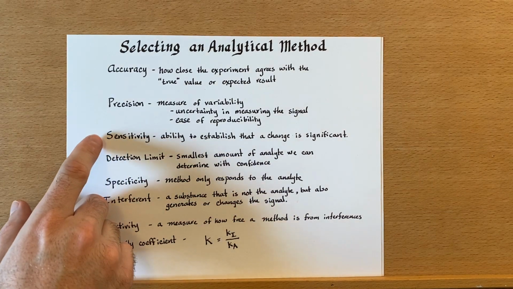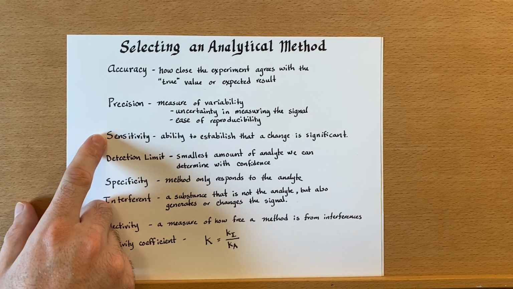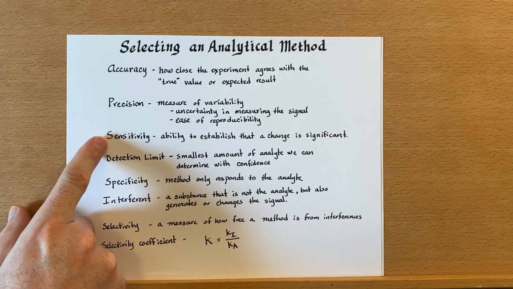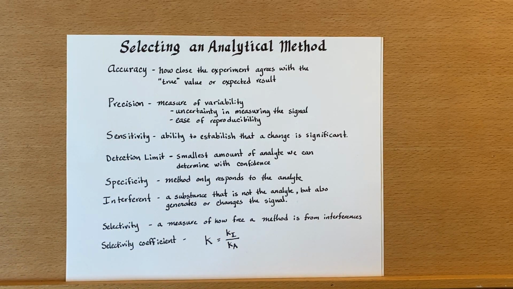And another way to think about sensitivity is the slope of our calibration. So ways to increase the sensitivity would be to make a compound absorb more light by changing its chemical composition.